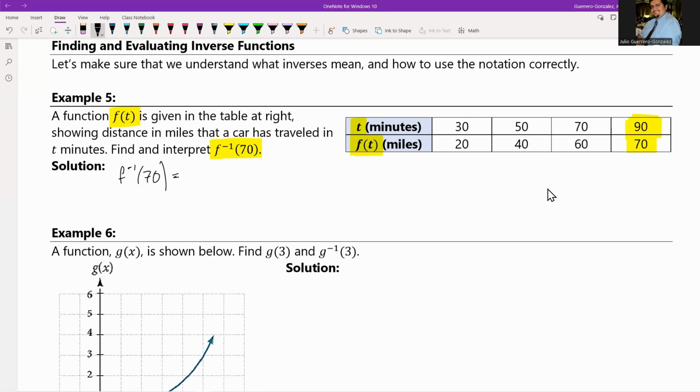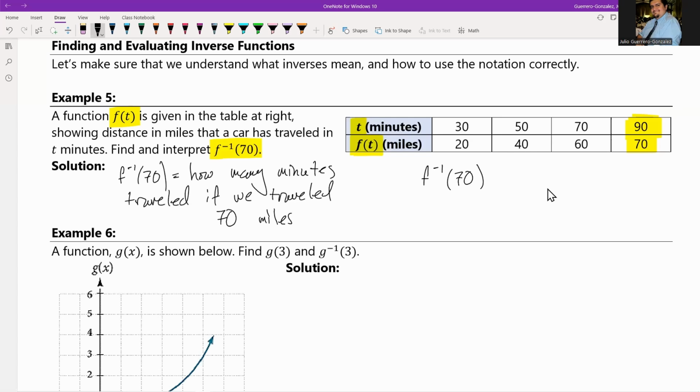So how many minutes traveled if we traveled 70 miles? And if we look at our table, f inverse of 70 is equal to 90.